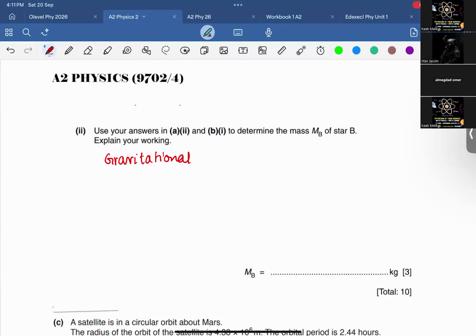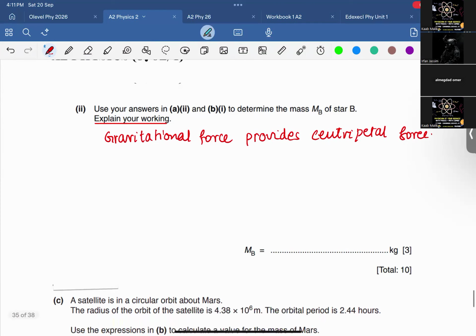Gravitational force provides centripetal force. Do we have to write this? Yes, because they're saying explain your working. So in all the A2 questions where they ask you to explain your working, you have to write a statement that explains the whole thing.